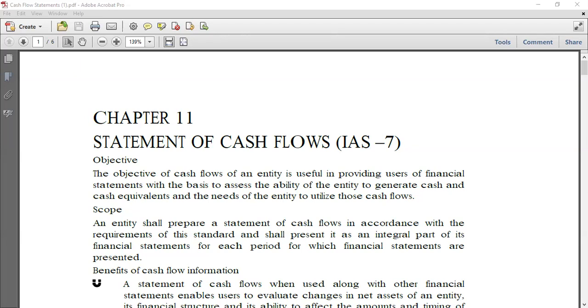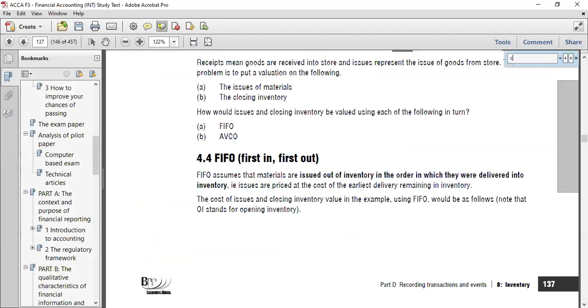Let me just check and see if you can even find some notes here. The examiner can surprise you with anything, okay? Let me check here and see if you can find the cash flows.